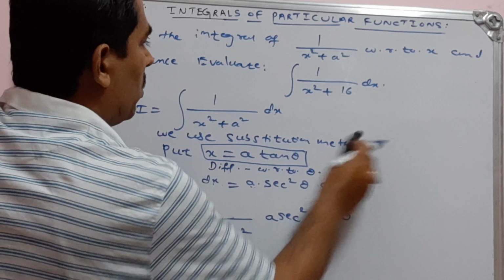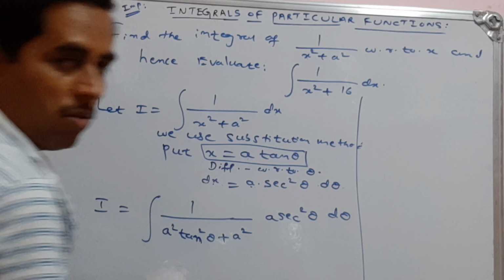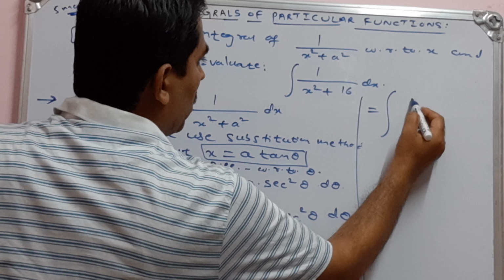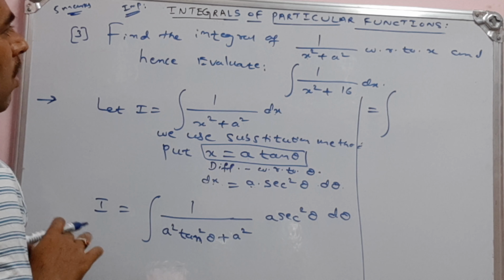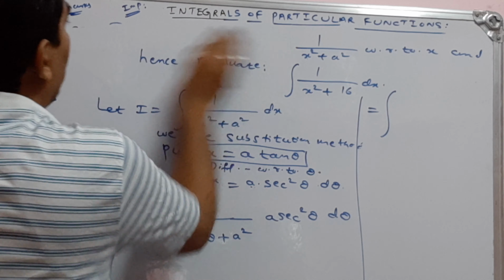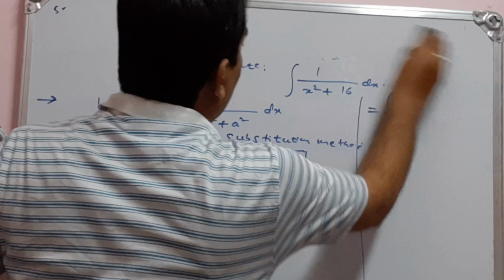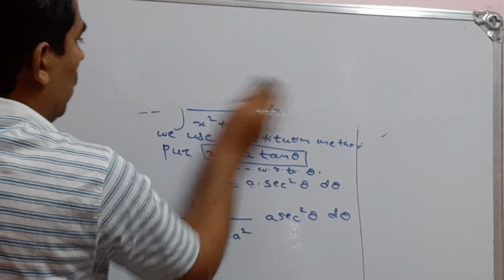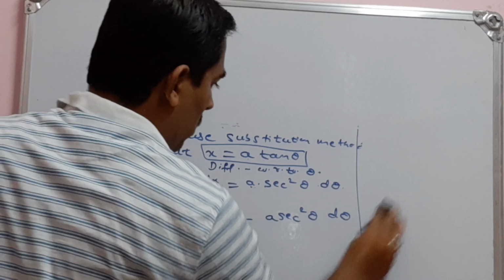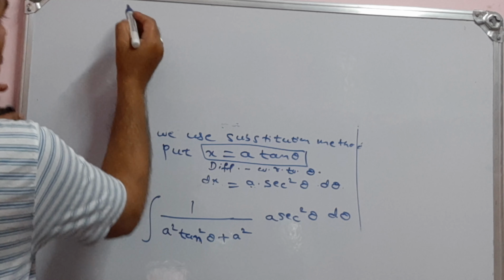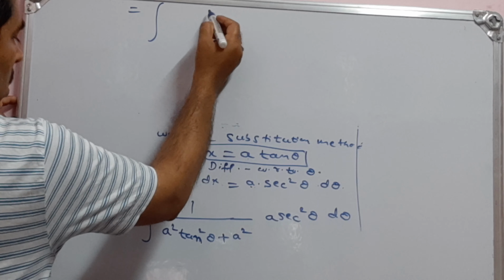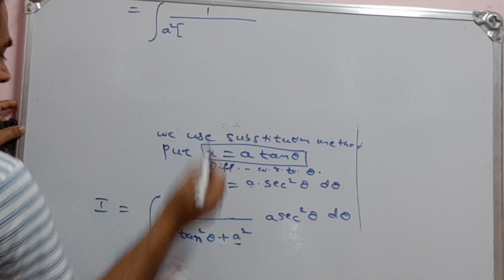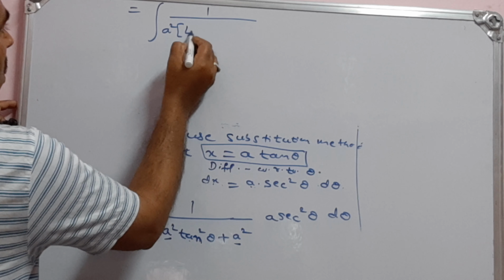Okay. So let me continue from here. Integration of 1 by, see here a square is common, so I will take a square outside, so that we get tan square theta plus 1.